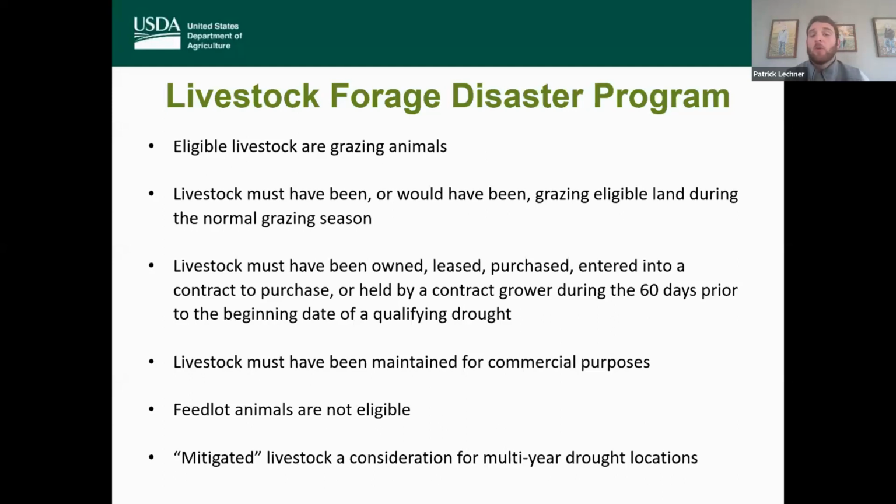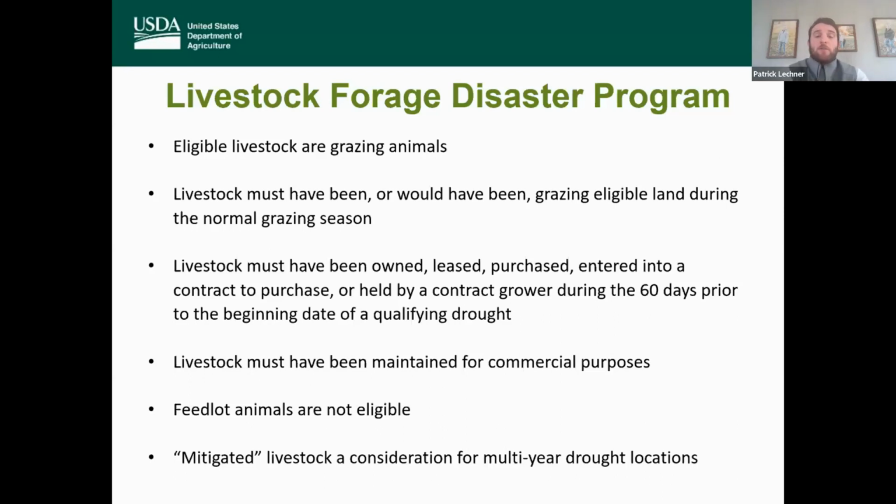Livestock must have been owned, leased, purchased, or contracted during the 60 days prior to the beginning date of the qualifying drought. So that time frame would be when we hit the criteria in the grazing season to open up LFP. It would have had to have been within 60 days prior to that date.